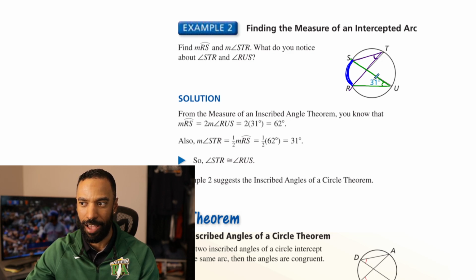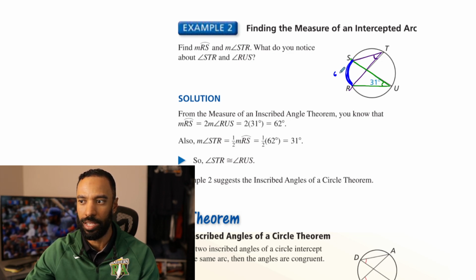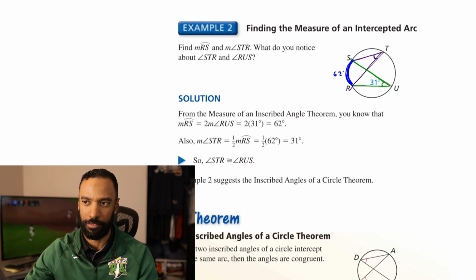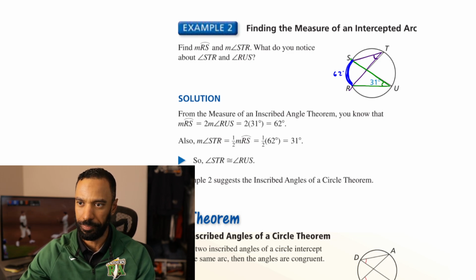That'll be double that of either inscribed angle. If we know this is 31, that's 62. Now that this shares that 62, you can take half of 62, and this will be 31.